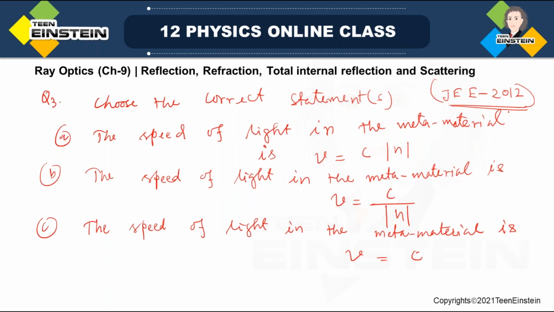So when light ray from air enters a naturally occurring material, then Snell's law, we know n1 sin theta 1 will be equal to n2 sin theta 2. It is understood that the refractive index bends the light towards the normal, but never emerges on the same side of the normal as the incident ray.